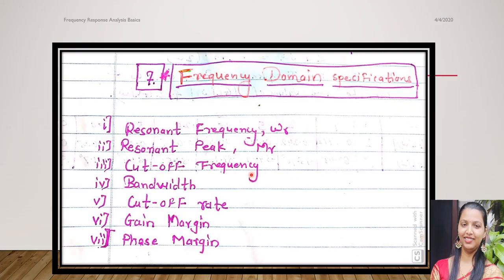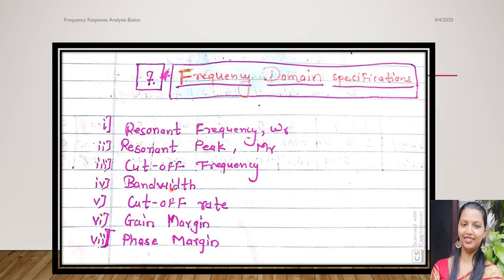In other words, the frequency at which the magnitude of a closed loop system is 3 dB less than its maximum value is called the cutoff frequency.